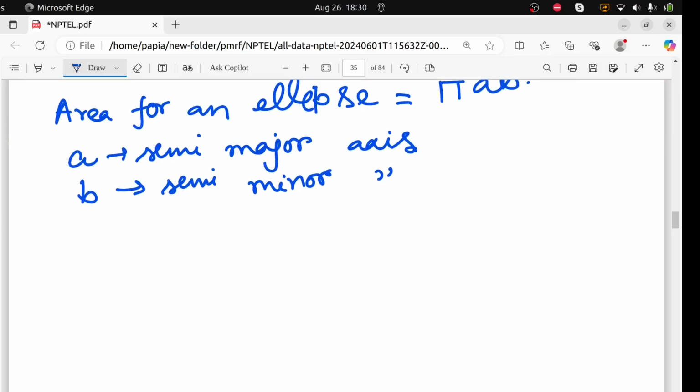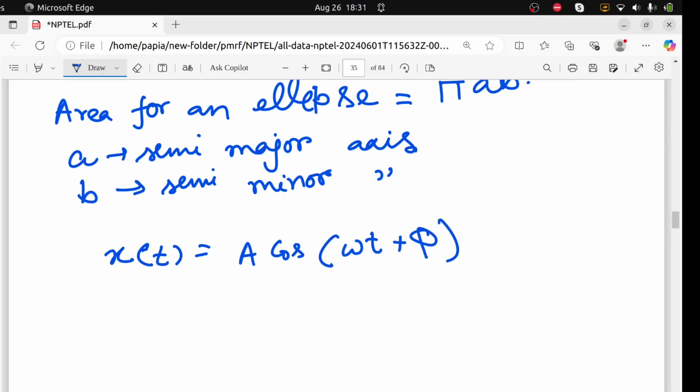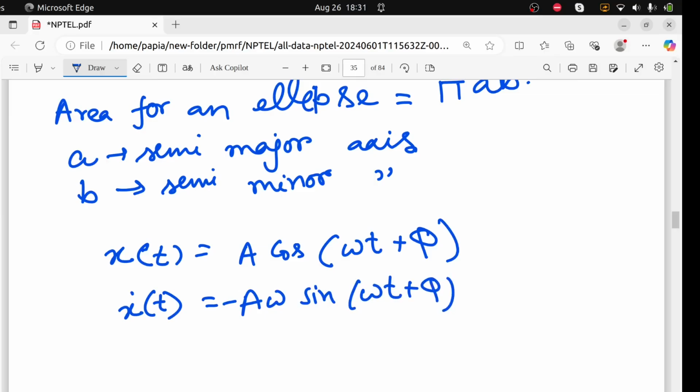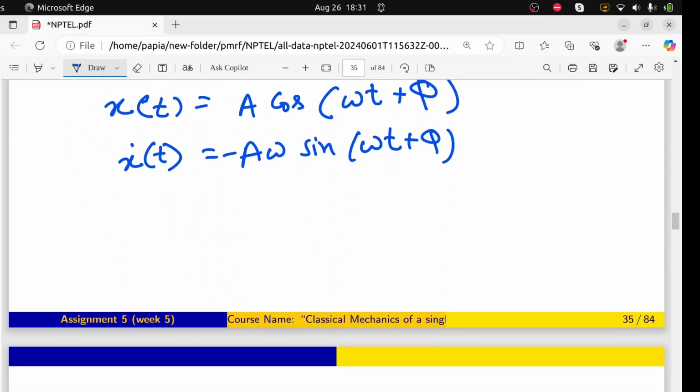So how to do that? First of all, x of t we need to calculate. x of t is A cos(omega t plus phi) or minus phi, whatever. Then x dot I can write as minus A omega sin(omega t plus phi). Now they are asking for the x and x dot plane, so I can do one thing.